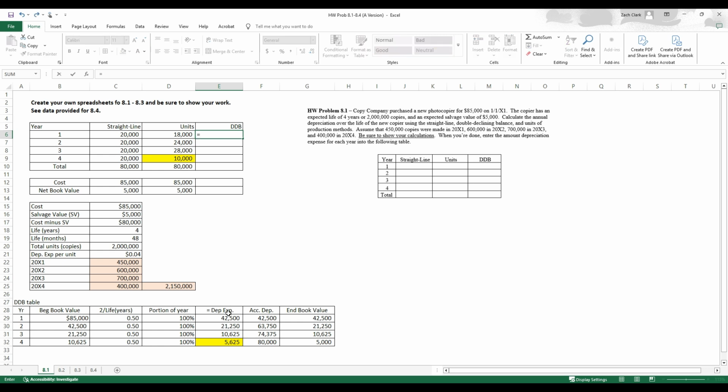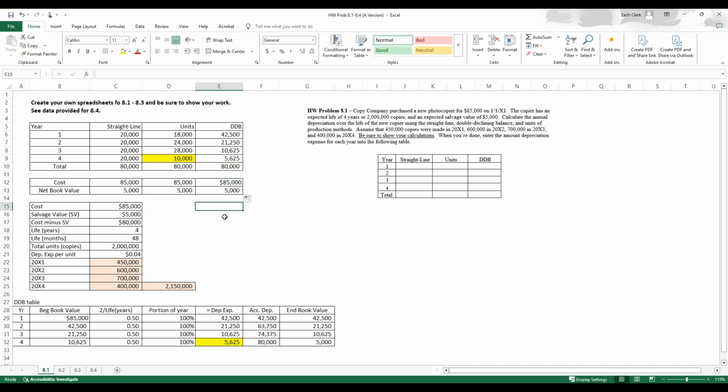Cool. Okay, and then let's go up here and just drag this formula down. This is just taking all of our amounts there, summing those up, and we can basically just do the same formula. I just wanted to show that on each of these methods, we still end up with a net book value of 5,000.